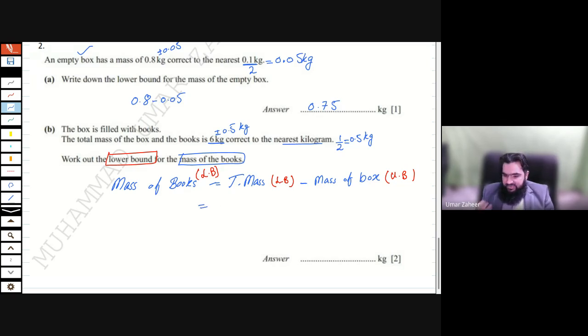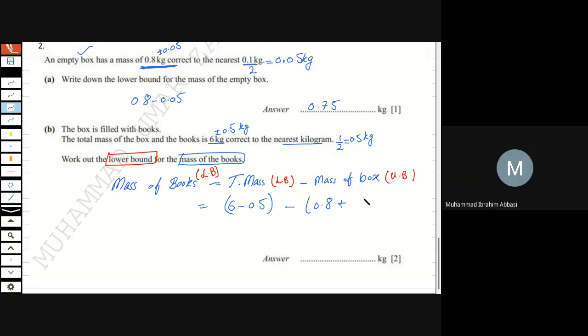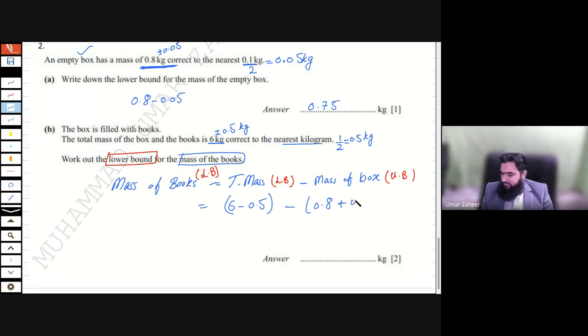The rest of all the calculation is from previous, from algebra or numbers or anything. Now the total mass is given, that is 6. So 6 minus 0.5 for the lower bound, minus for the mass of the box, I need to take upper bound, that will be 0.8 plus 0.05.